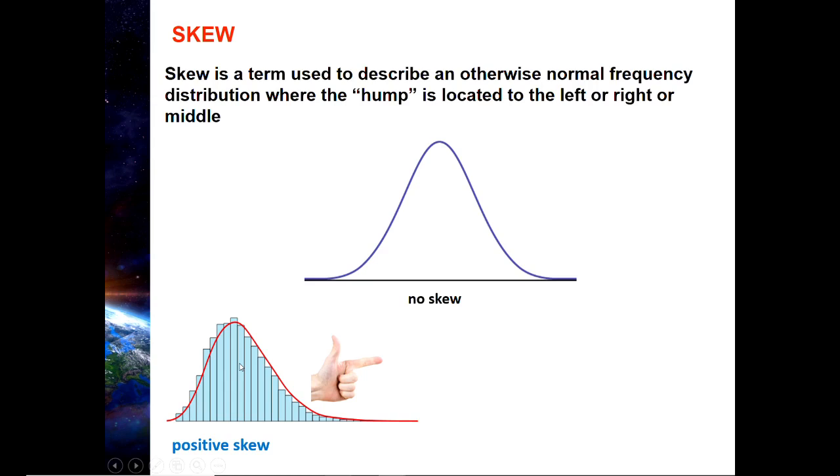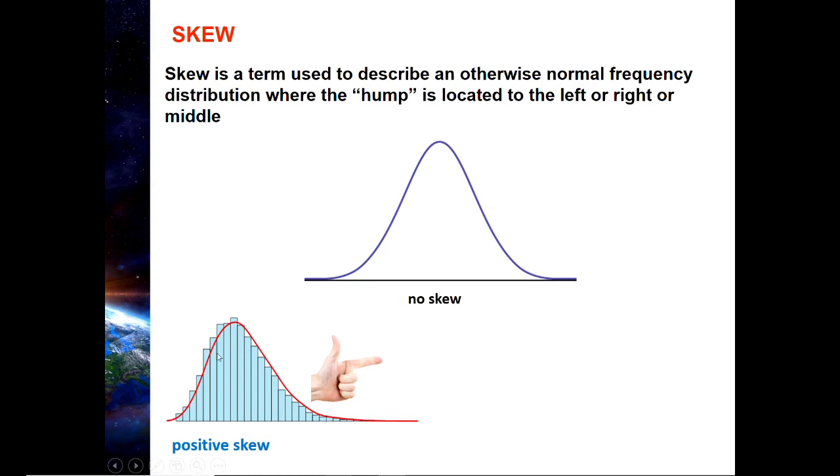Another way we can describe this is to say that in this particular distribution, most of the people score at the low end, and very few people score at the high end. The majority of scores here are at the lower end, and fewer score at the high end.